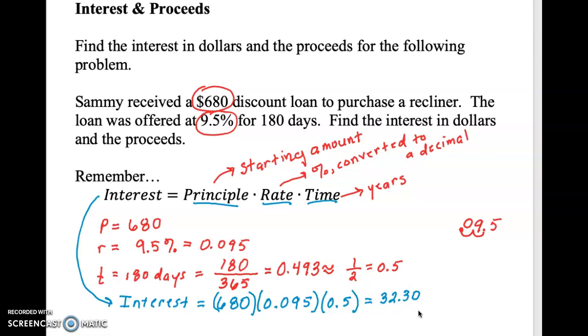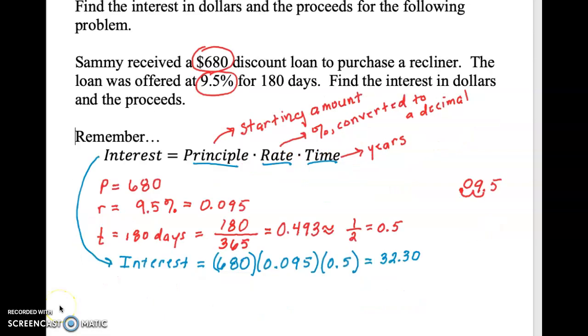Okay, interest. Now let's take a look at the proceeds. So the proceeds, because this is an interest-first loan, is equal to the principal minus the interest.